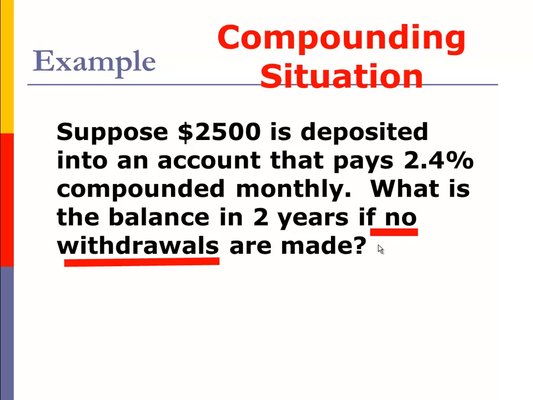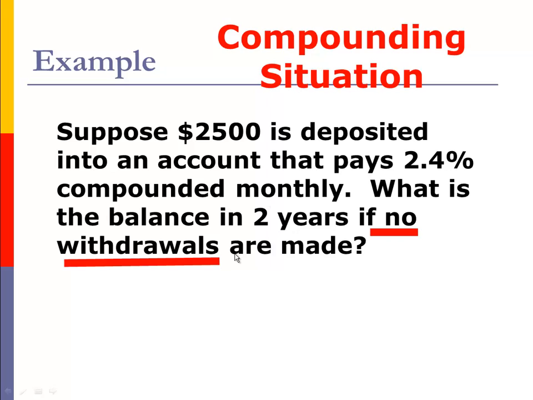I want to bring your attention to something here that's going to make a difference between just your compounding situations and annuities later on. I'm just taking a moment here because I know something's going to happen later on when you start studying annuities. Basically, we're looking at a compounding situation. Why? Because there are no withdrawals and we're compounding monthly. So those are kind of the key words.